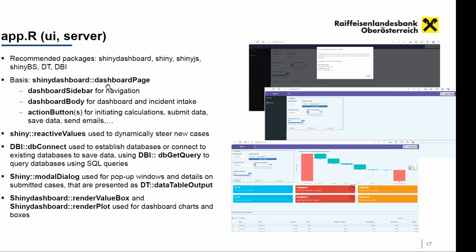I know that we have limited time, but maybe just a couple of keywords here. We have in our app file all the details that you need for deploying the application. So you have a user interface, you have a server part, you have a DBI connection inside. As I said, the database has already been created for you. You have dialogues used so that you can actually interact with the tool itself and get information when something is done.